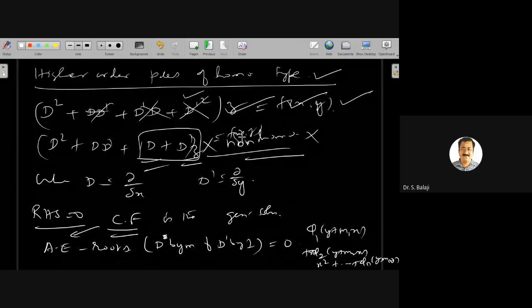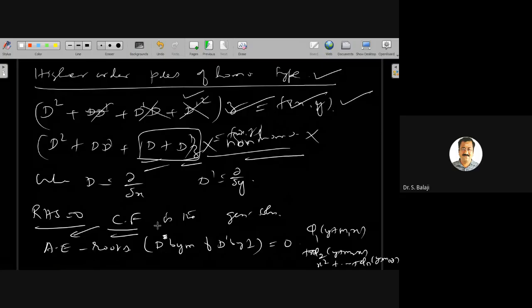That will be different, but it is not in your syllabus, so no need to concentrate. Only the complementary function varies, but since it's not in your syllabus, no need to think about the condition where it comes in exponential form.